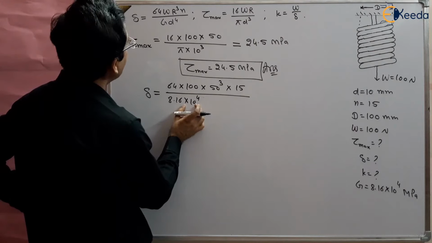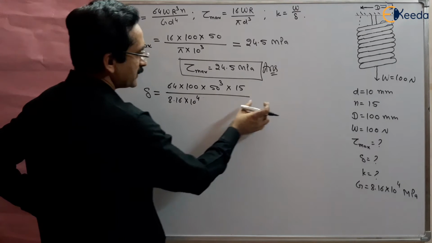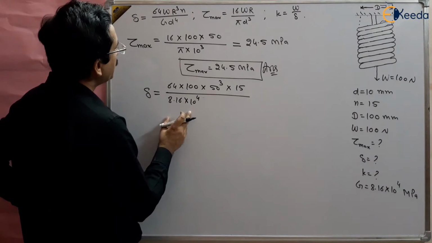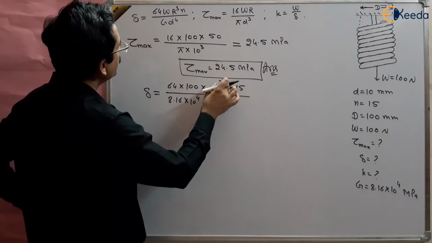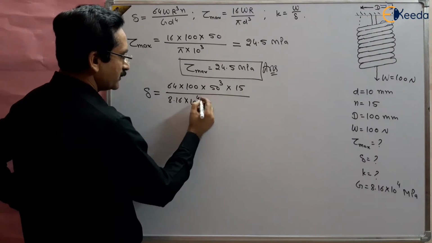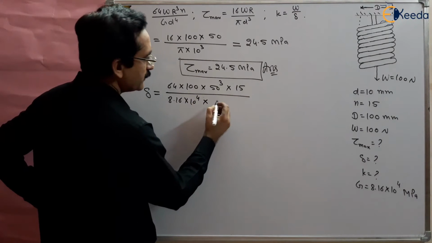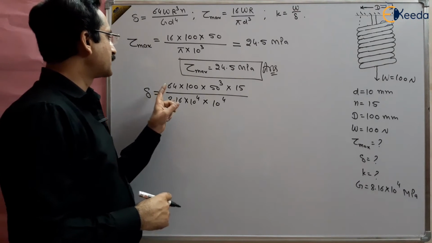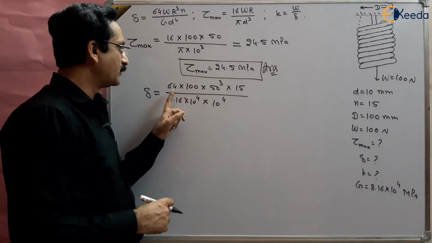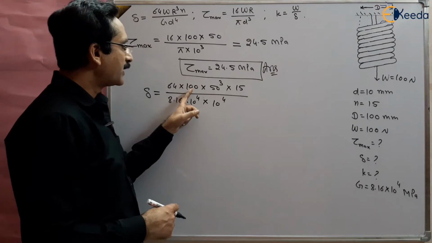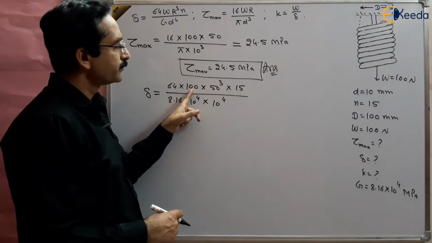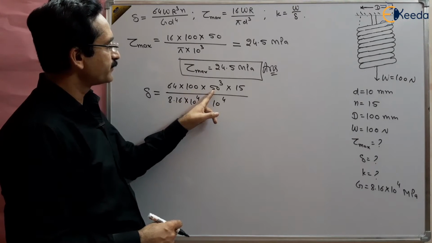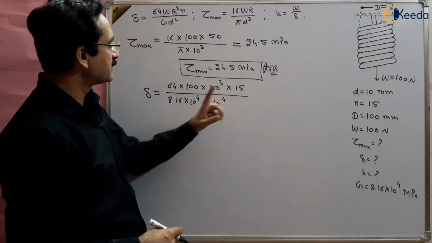We have taken 64 as the constant, 100 Newton as the load applied, the mean radius in millimeter, and the number of turns as 15.